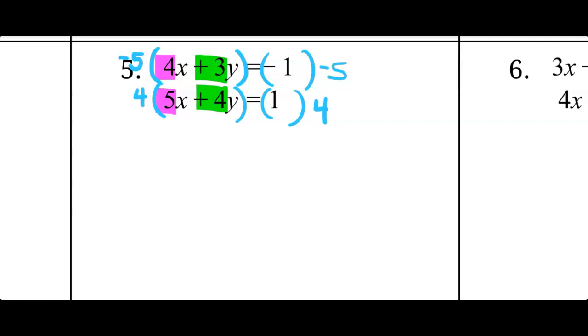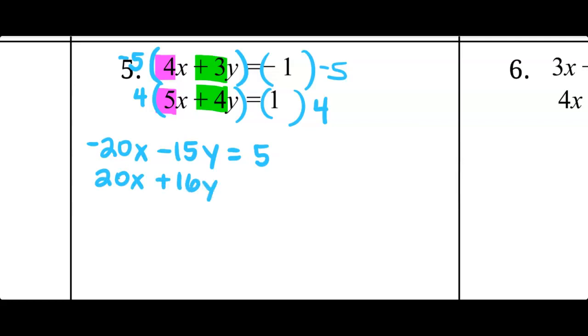So when I multiply negative 20 in through the top, I get negative 20x minus 15y equal to positive 5. On the bottom, I will get 20x plus 16y equal to 4. Now I can see that I have my opposite pair that I wanted.